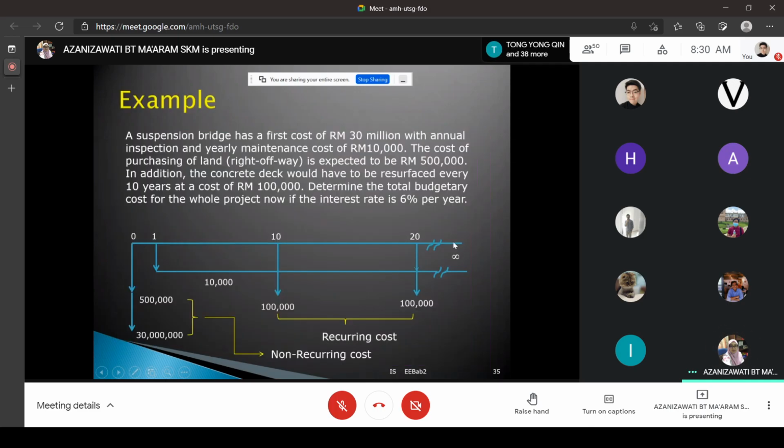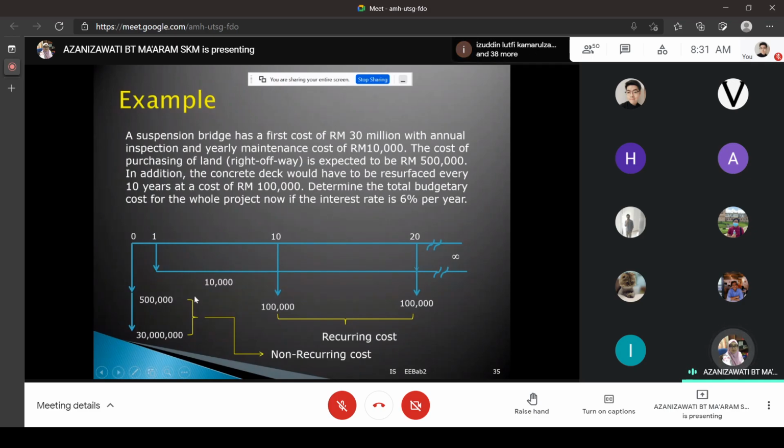This is an example where a suspension bridge has a first cost of 30 million, with annual inspection and yearly maintenance cost of 10,000. We have 30 million as the first cost that we have to withdraw.